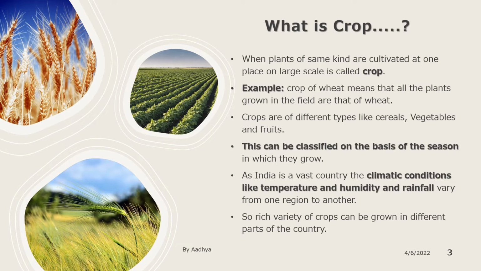In Kashmir there is a lot of cool atmosphere, while in the south there is humid and hot temperature, while in the eastern and western areas there are different temperatures and climate conditions. These factors like temperature, humidity and rainfall vary from one region to another. So, rich varieties of crops can be grown in different parts of the country.